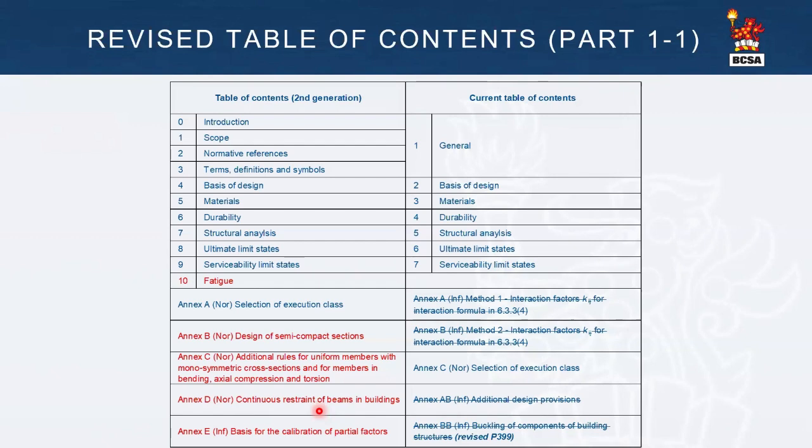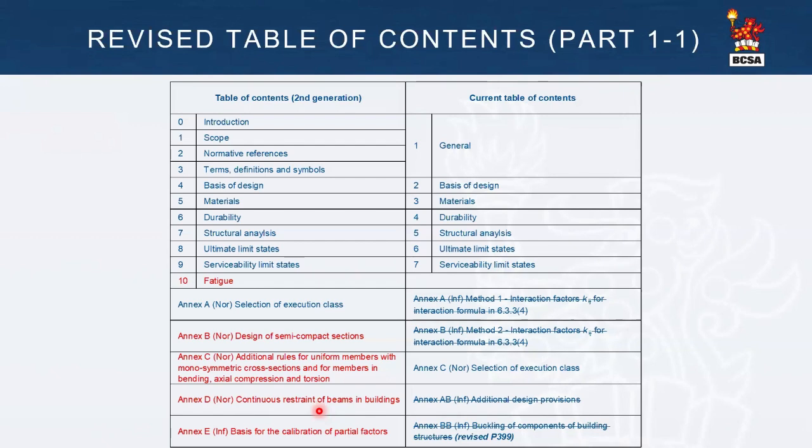Annex BB3 is the one that has the stable lengths of segments containing plastic hinges for out-of-plane buckling. This was the content that was brought from BS 5950, obviously rewritten in Eurocode language, and it has been removed entirely from the scope of Eurocode 3 Part 1.1, because this has always been seen as a UK-specific issue.